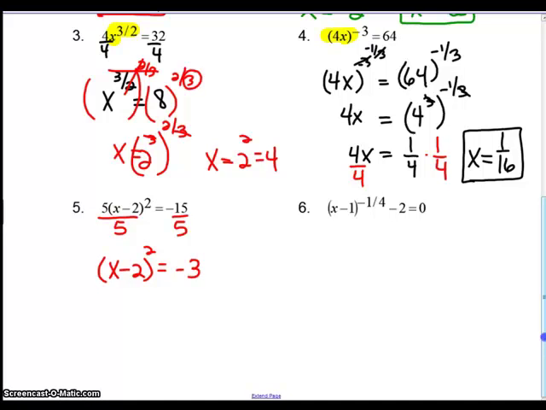Now we can take the reciprocal of 2, which is 1/2. Raise both sides to the 1/2 power. So in this case, the 2's will cancel, and that leaves me with x minus 2. And then negative 3 to the 1/2 power, I can't do that because 2 is the square root, and you cannot take the square root of a negative. So in this case, we're going to have no solution.